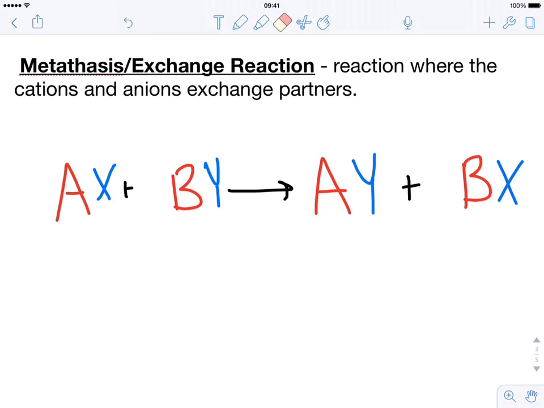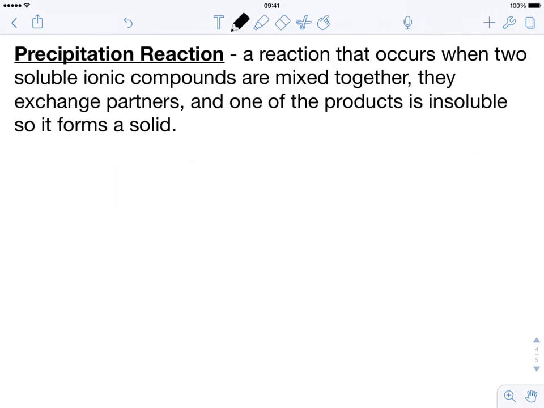There are different types of exchange reactions, and we're going to learn about one of those types now, called a precipitation reaction. A precipitation reaction is a reaction that occurs when two soluble ionic compounds, meaning two compounds that can dissolve in water, are mixed together.